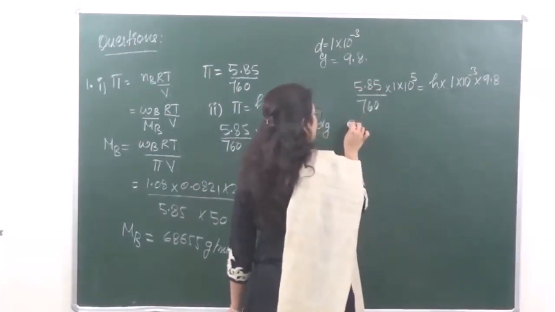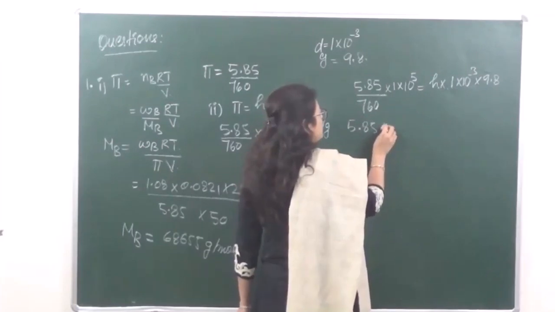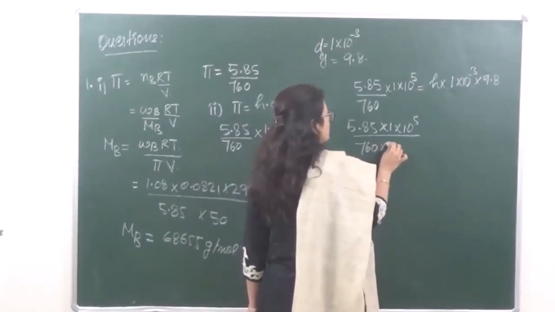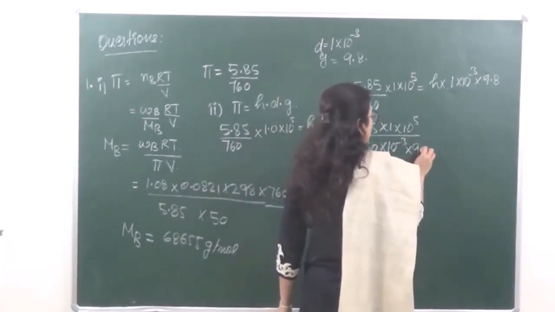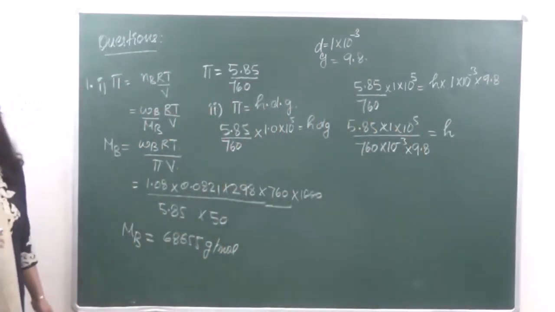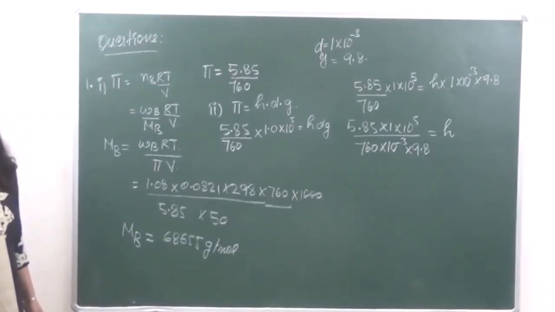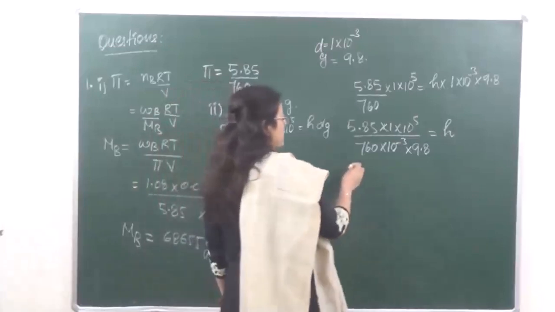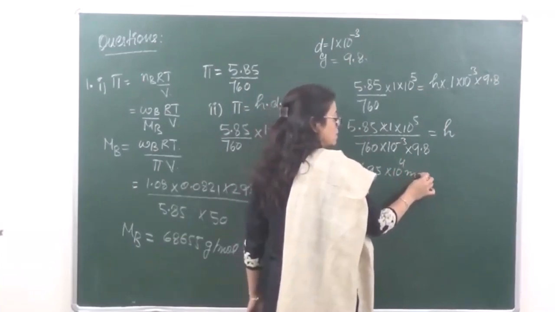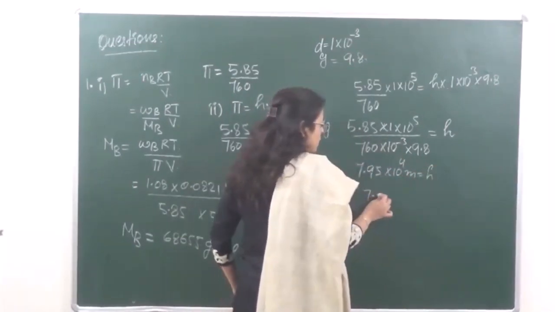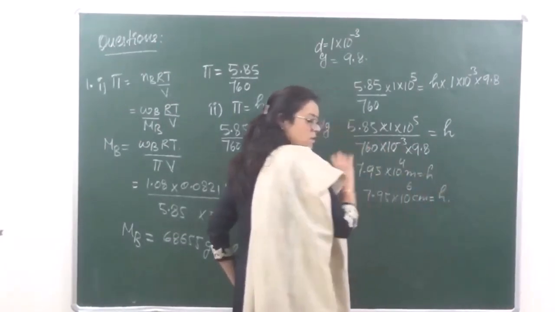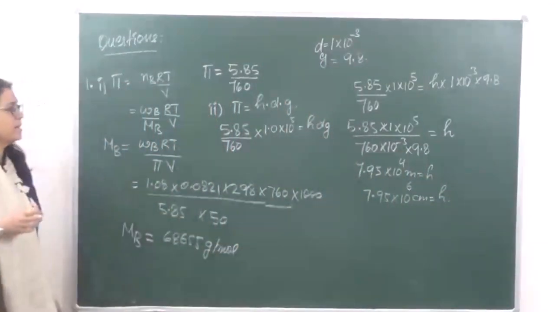So when we calculate this, h comes to 7.95 into 10 raised to power 4 meters, and in centimeters it will be 7.95 into 10 raised to power 6 centimeters. So this is how you can calculate h.